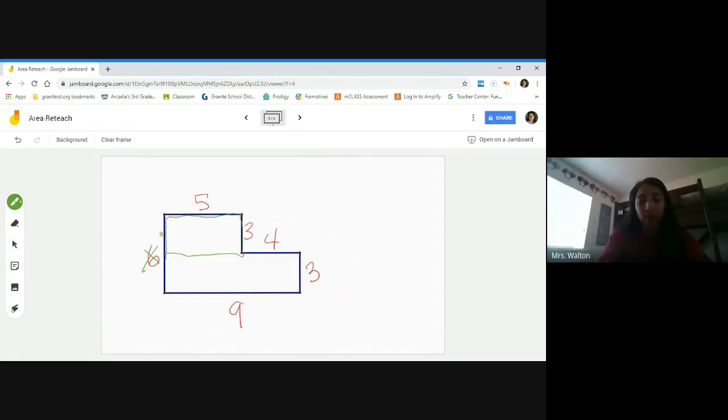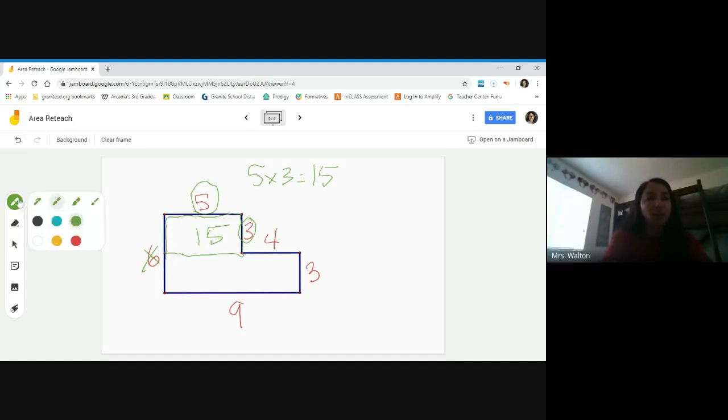But I do know that this side is located right here, and it's a 3. And then the other one that has a number is a 5, and it's touching this side here. So I can use both of those numbers to multiply together. 5 times 3. Counting by 5s 3 times, you get 15. So the area right here is 15.